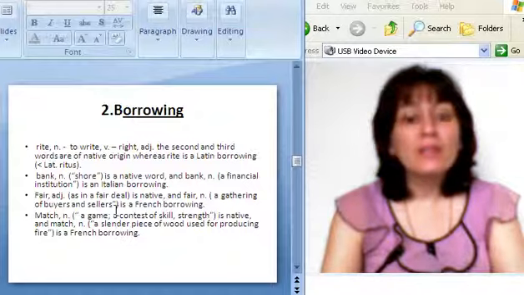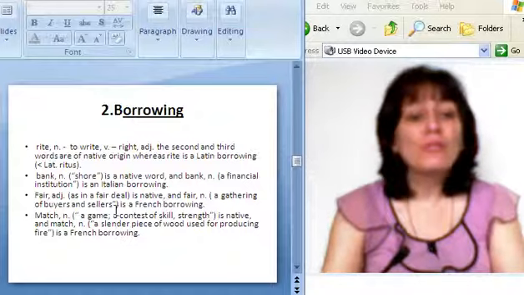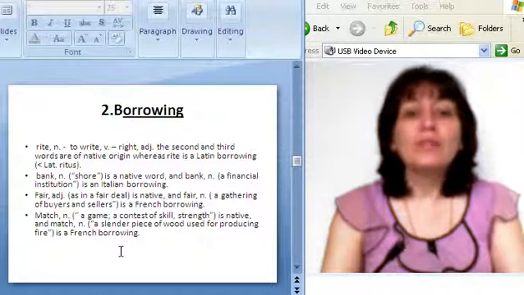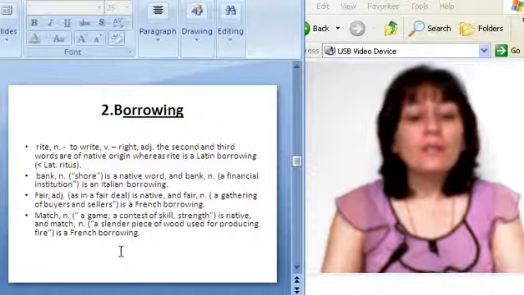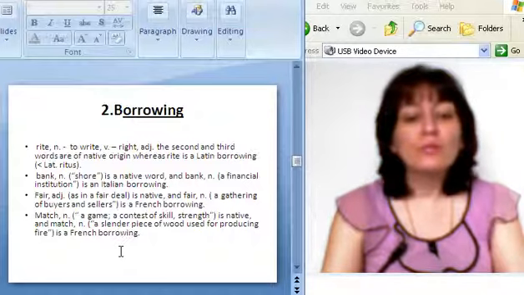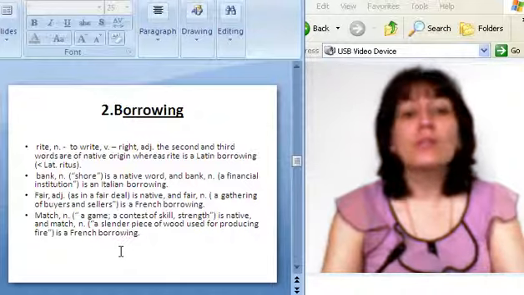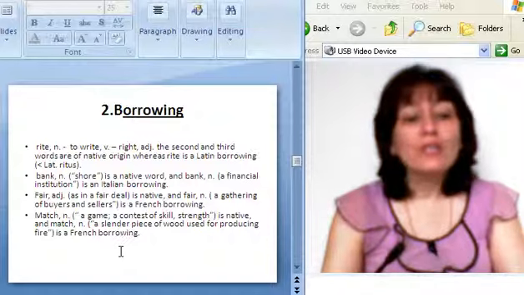Fair as an adjective, as in a fair deal, yes, is native, and fair as a noun, which is a gathering of buyers and sellers, is a French borrowing. So match, a game, yes, in the sense of game, is native, and match as a slender piece of wood used for producing fire is a French borrowing.